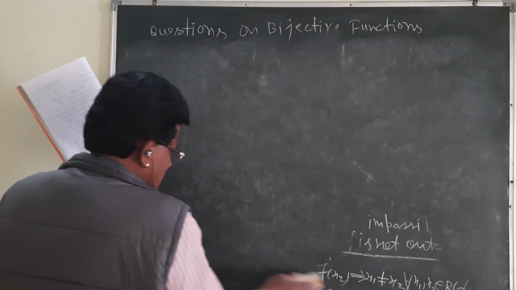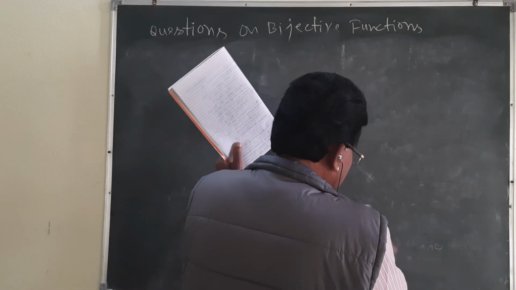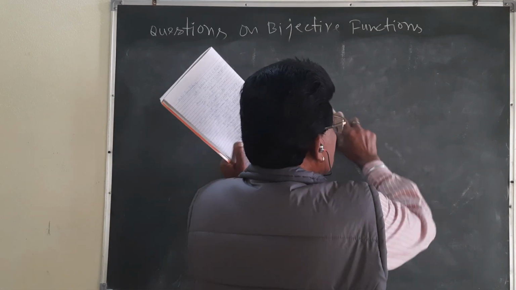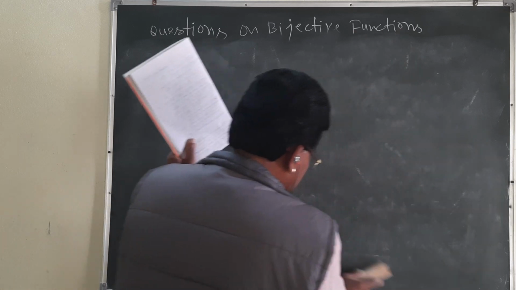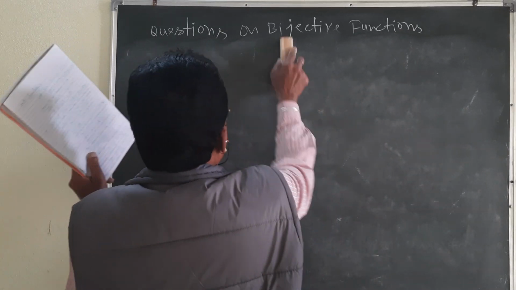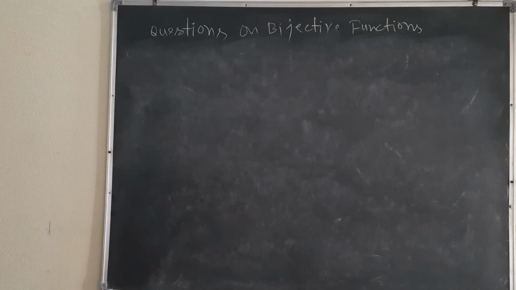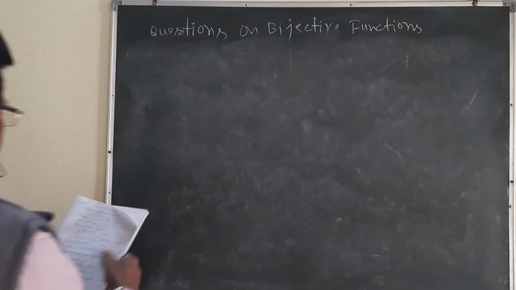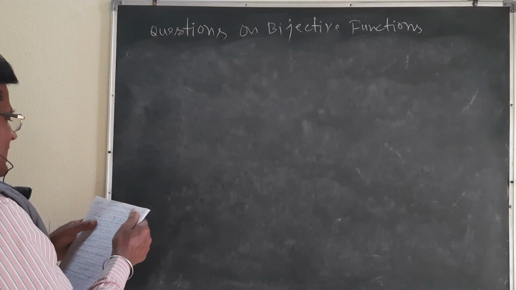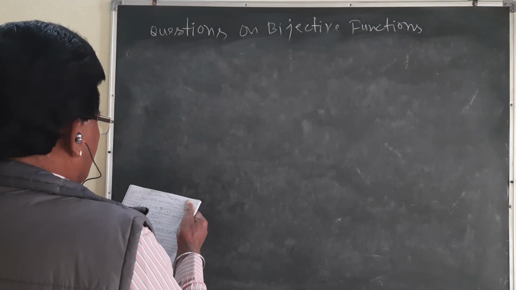But you must have a little technique. You can apply the technique if you know the definition as well as the formula. Without that it is very difficult. You must know the formula as well as the definition. Let us take the question.